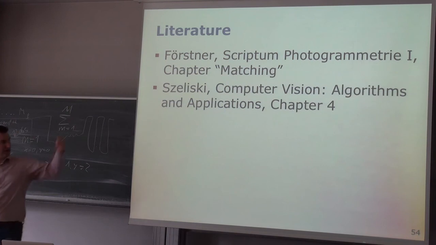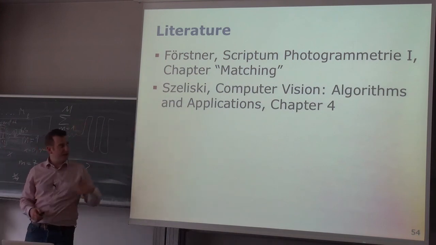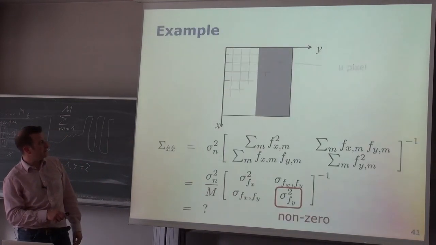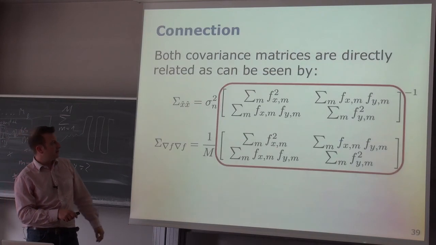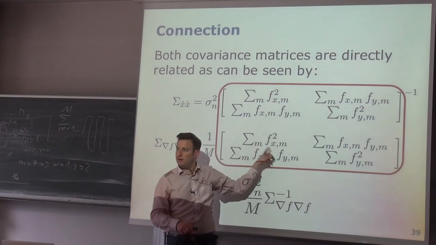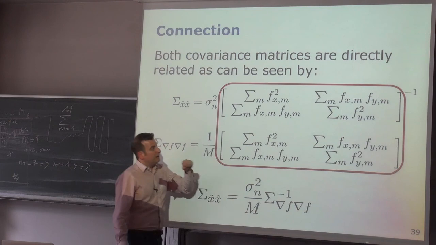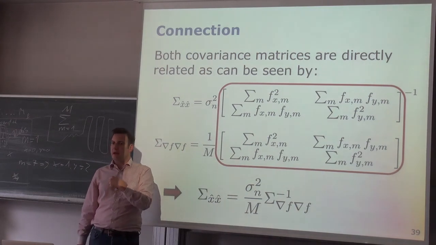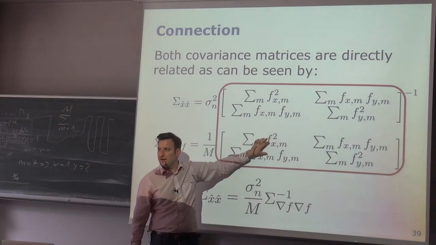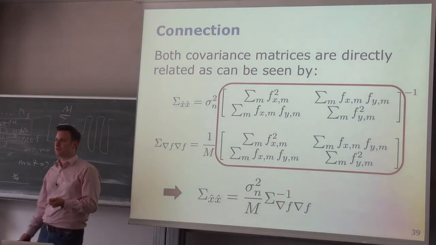So the next step is to build on top of what we have done so far, especially the slides with the gradients, this one over here. What we'll exploit is this information. This will be key for the next topic: trying to find areas in an image where this matrix has a shape which is well suited to support the matching process.